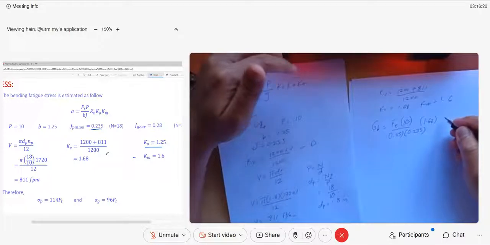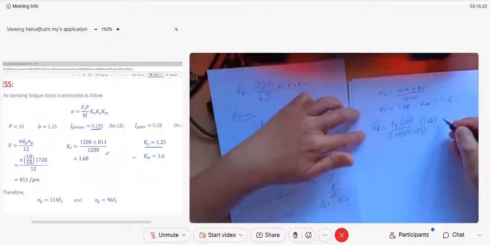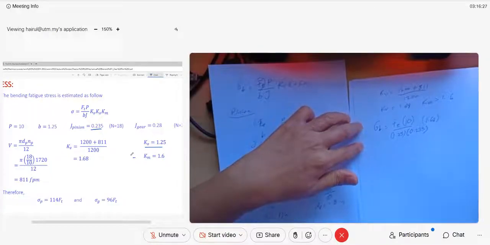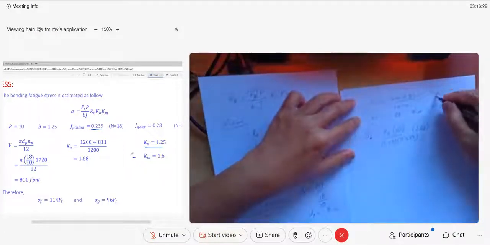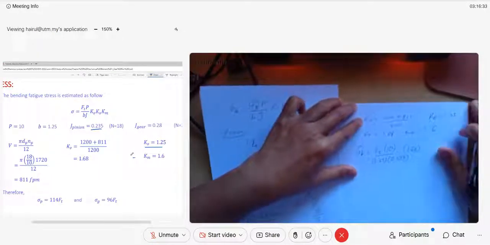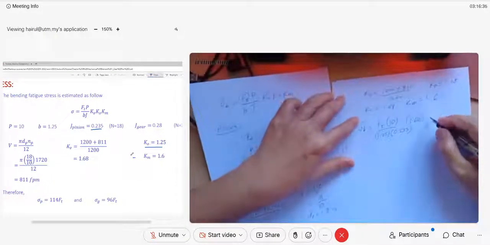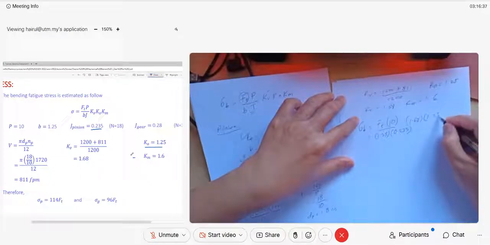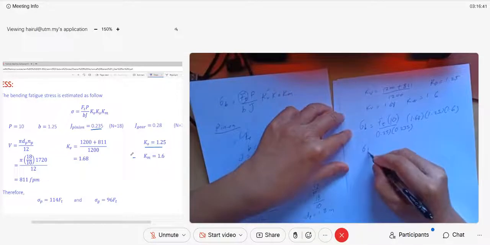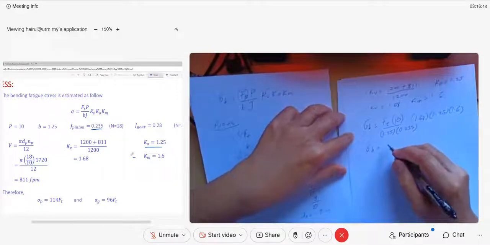KO is the overload factor, 1.25, I did not mention it here. Mounting factor is 1.6. Okay, 1.25 times 1.6. So we get our sigma B in terms of F tangent for the pinion.